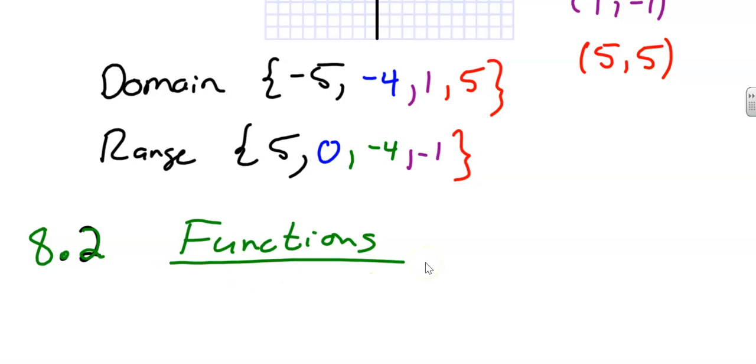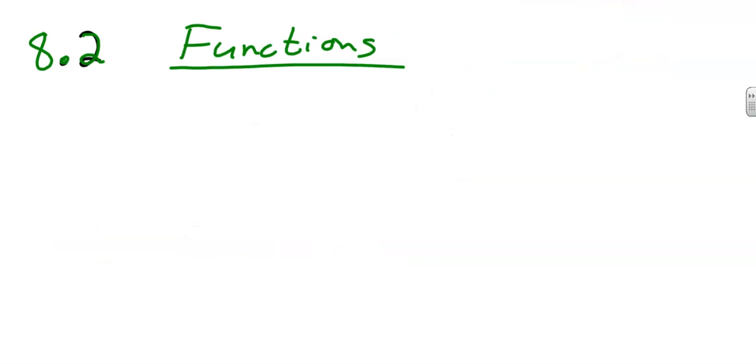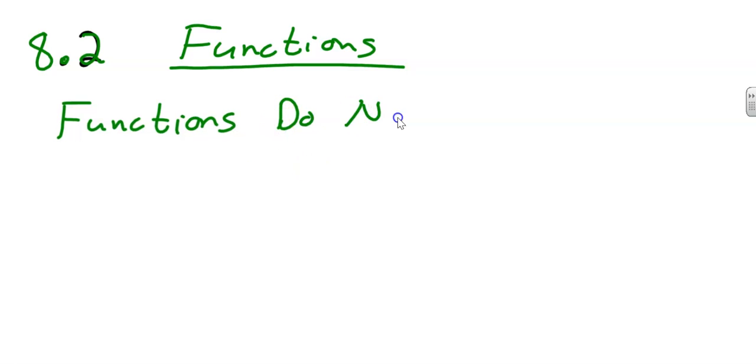Okay, so 8.2 just talks about functions. And we're going to talk about 2 or 3 different things on this one. And here's basically what it comes down to with functions. It's more of what functions do not have.